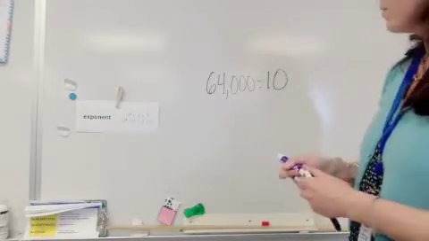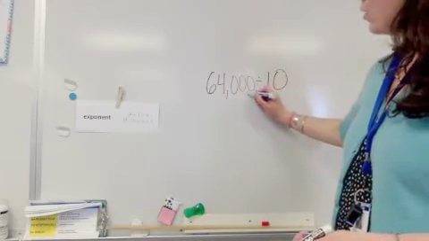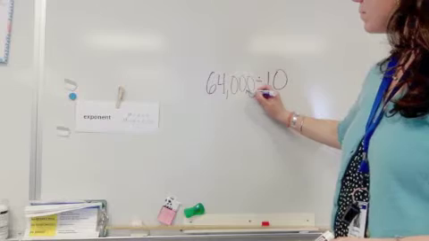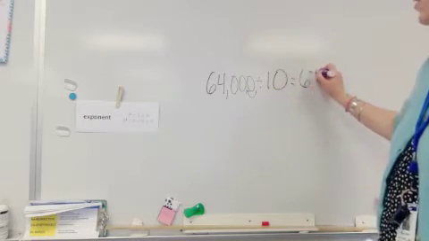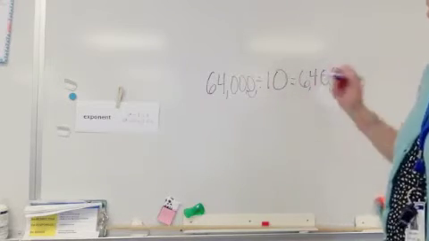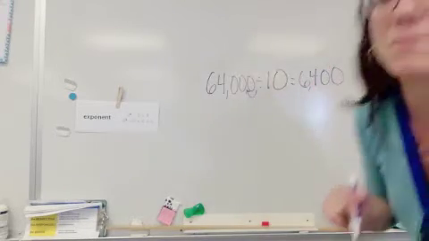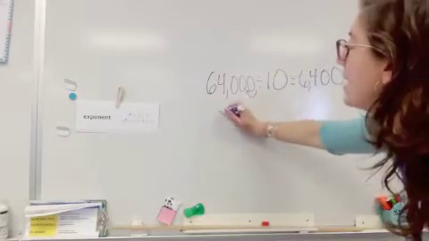Some of you will say, well, Miss Miller, if we're dividing it by 10 instead of multiplying it, we remember we're going to end up moving the decimal place over 1 to the left, so we get rid of 1 zero, which is correct. If we take away 1 zero, it's 6,400. Pat yourself on the back if you got that. And then we're thinking of, how would we write that?